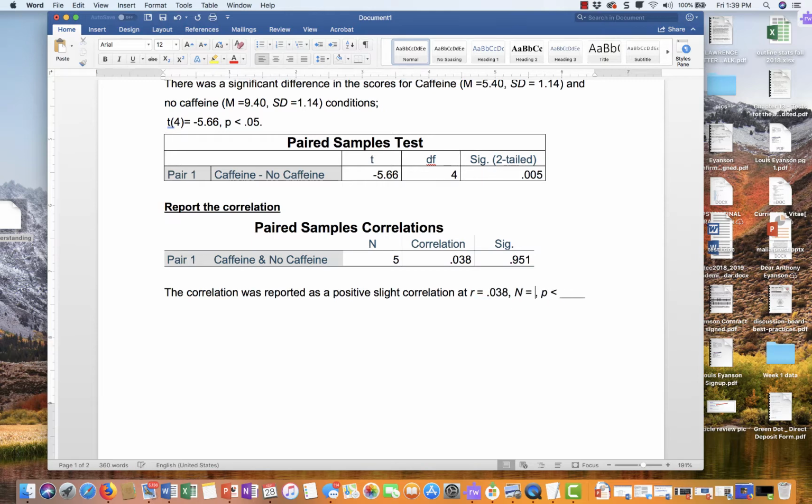N, right here, we already know from the other side, is 5. And then the P, is it greater than or less than? No, it is greater than. So we're going to change it to greater than 0.05, period.